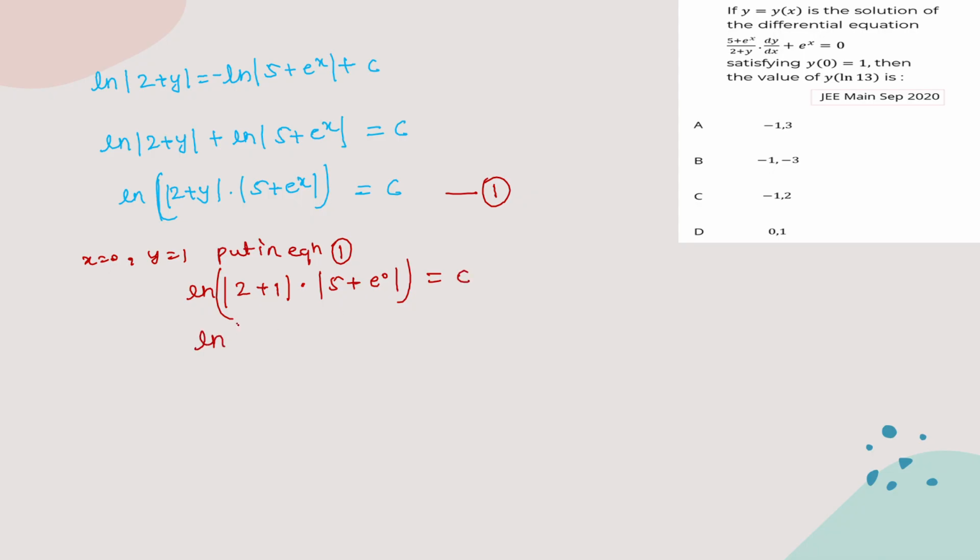So finally it will become ln of mod 3 into 6, that is 3 into 6, which is nothing but 18. Since it's a numerical value, we can directly take the positive sign. So ln 18 is the value you are getting for c. Is it correct?